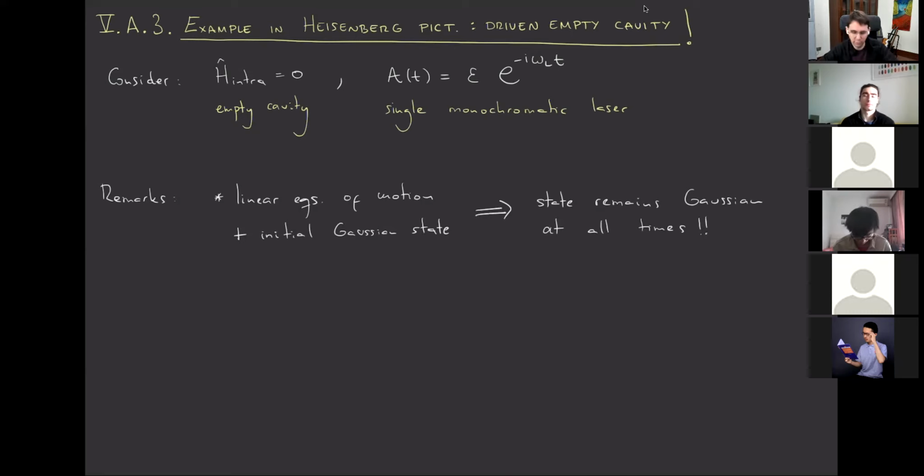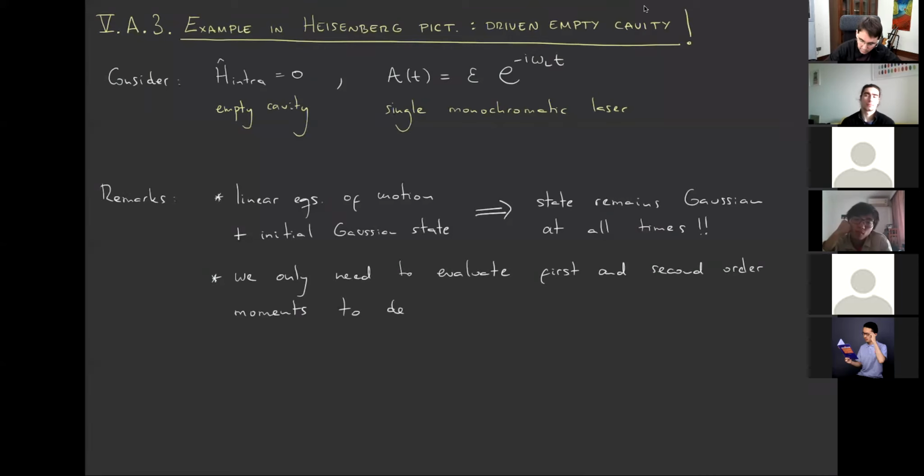So if we start from Gaussian states and we have linear equations of motion, then we will always keep Gaussian states. This means that we only need to evaluate first and second order moments to determine the state.